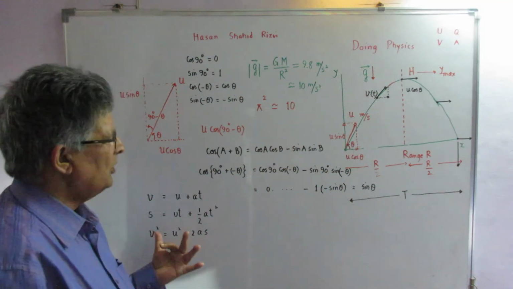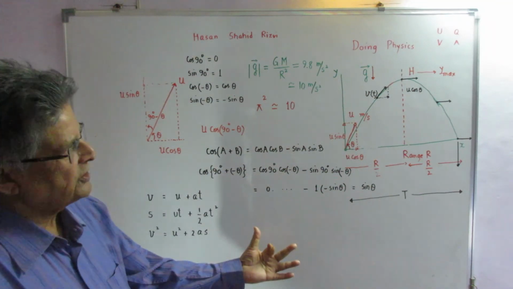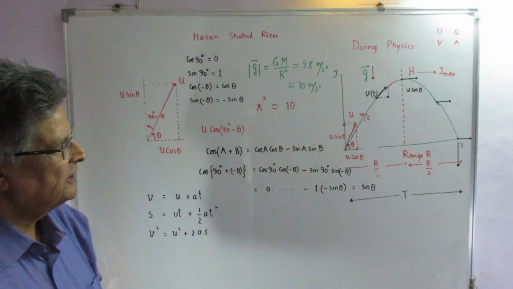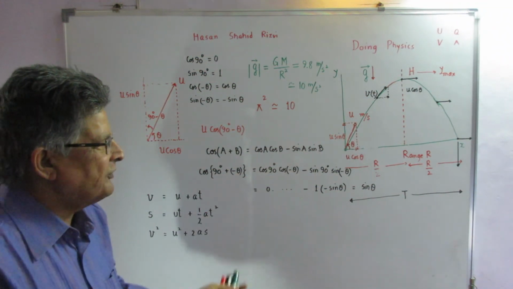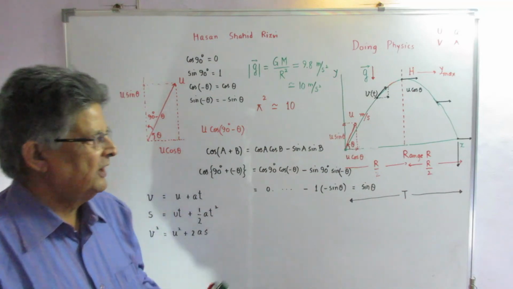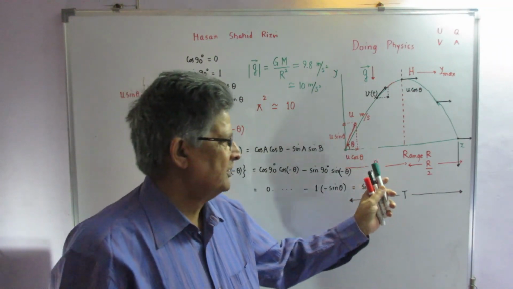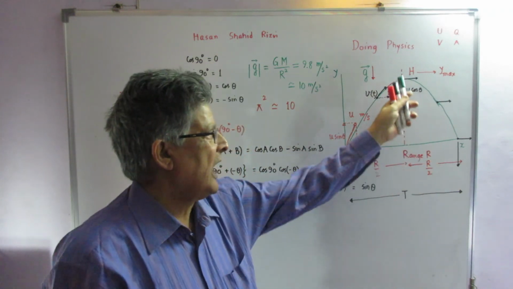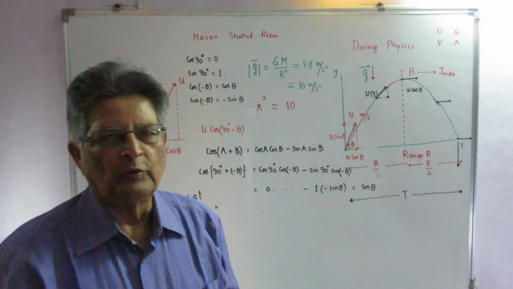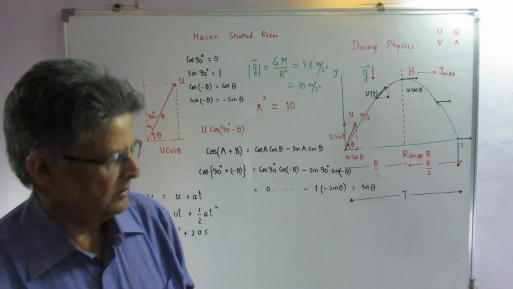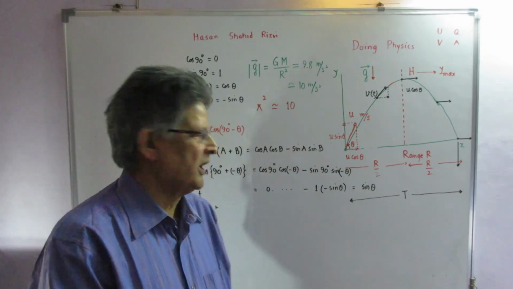So I'll make these applications and then discuss these results and obtain the beautiful relationship which exists between the various things like the time period, the range, and the maximum height, and we'll enjoy.